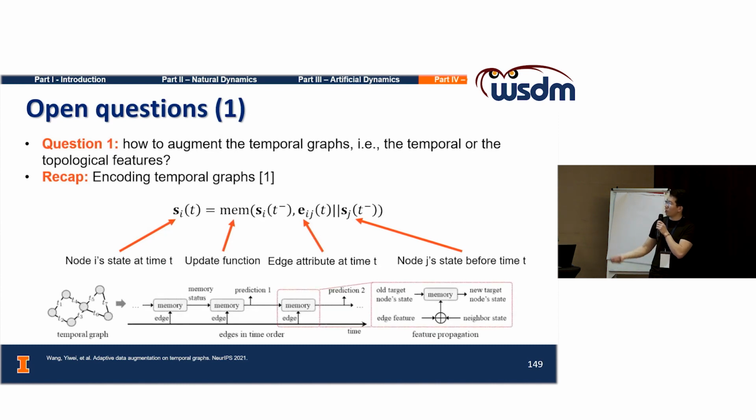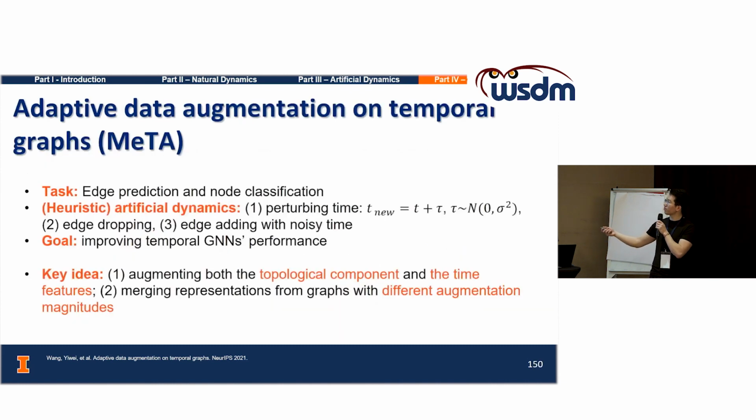So they try to use random augmentations to augment these temporal graph neural networks. The tasks they are working on are edge prediction and node classification. As I mentioned, they apply the heuristic-based artificial dynamics to randomly perturb the time property of the graph components. Their goal is to improve the temporal graph neural network's performance.